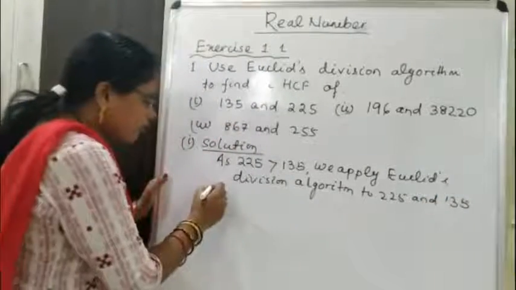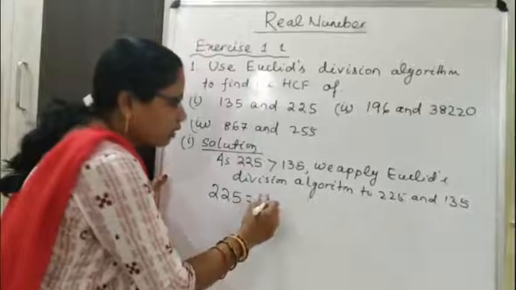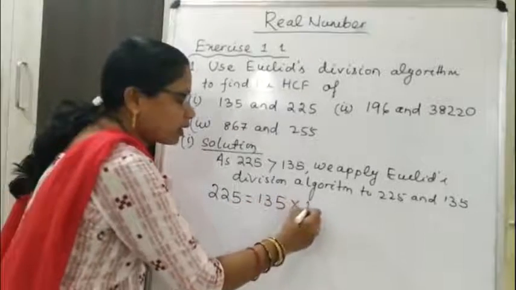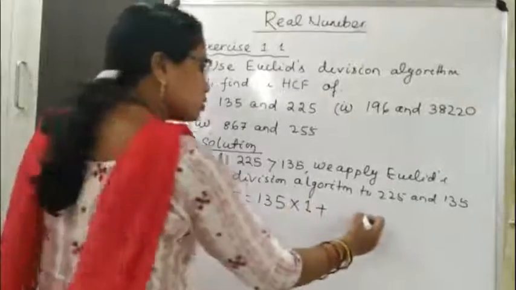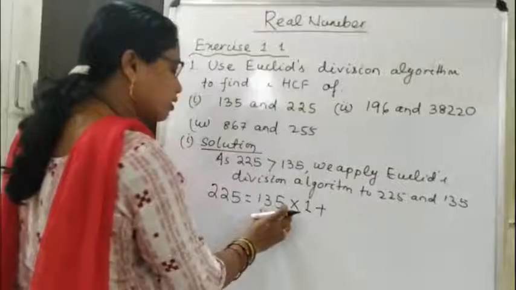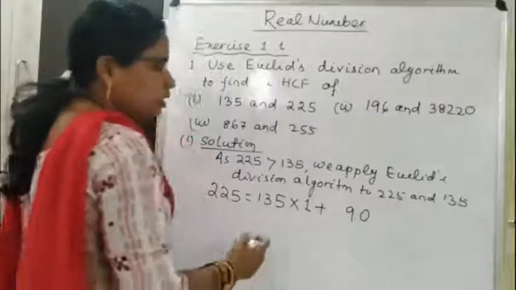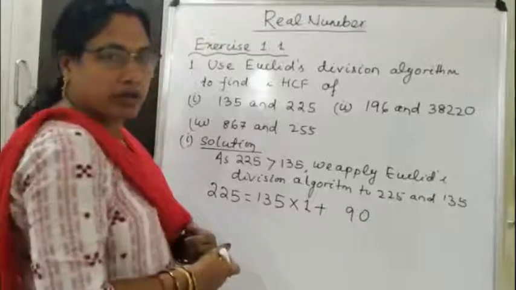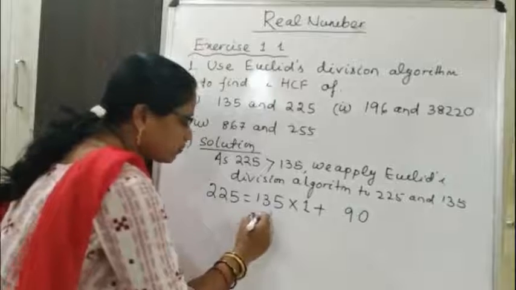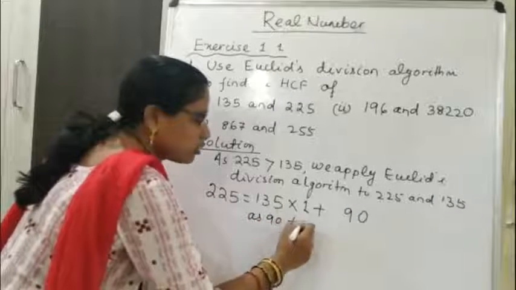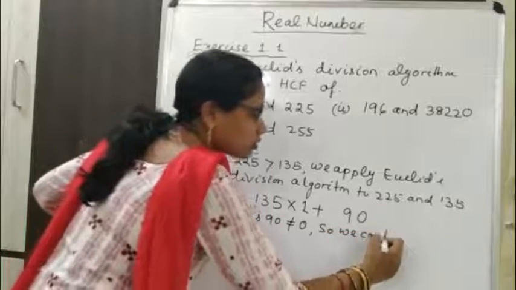So 225 is equal to 135 into 1 plus the remainder. The remainder is 225 minus 135, which is 90. 90 is not equal to 0, so we continue this process.